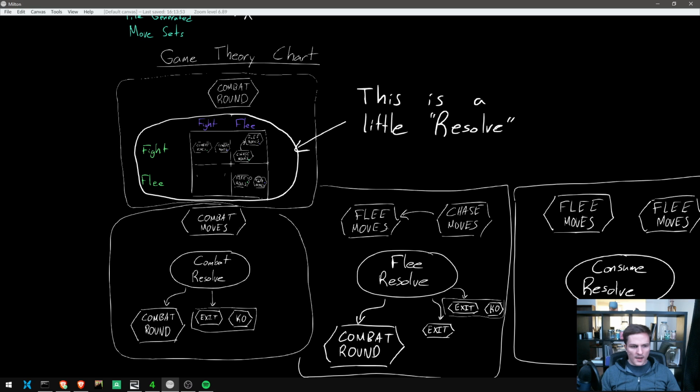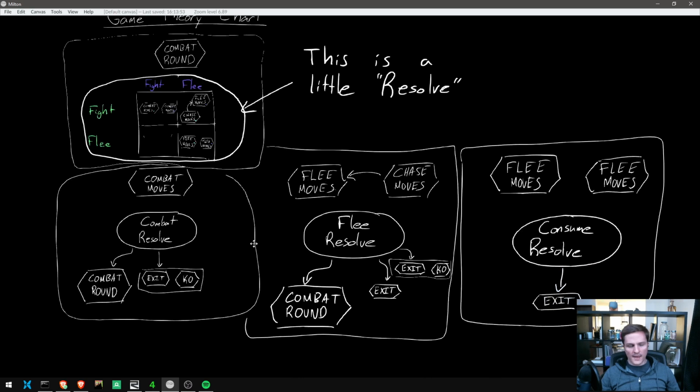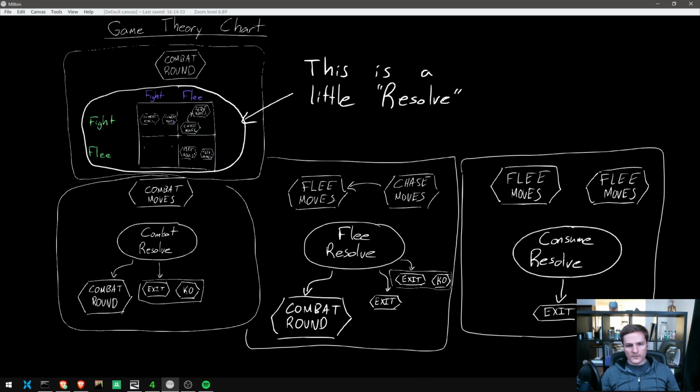So then, because it's symmetrical, any state that I can reach with party 1 playing one role and party 2 playing another role, I can reach it the other way too. So here we've got combat moves. This is the only way that combat moves get in play. There's not combat moves in a different state in the system right now. Then there's flee moves and chase moves.